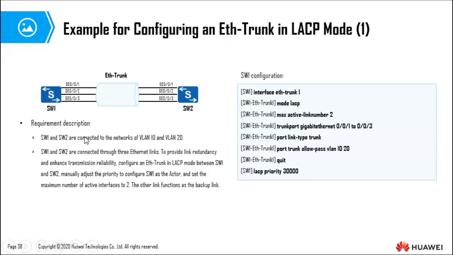Otherwise, we can use the same scenario to configure an Ethernet trunk, but in LACP mode. So again, they're connected to VLAN 10 and 20, and they're connected through Ethernet links. They want to provide redundancy and enhance transmission reliability. We configure in LACP mode.